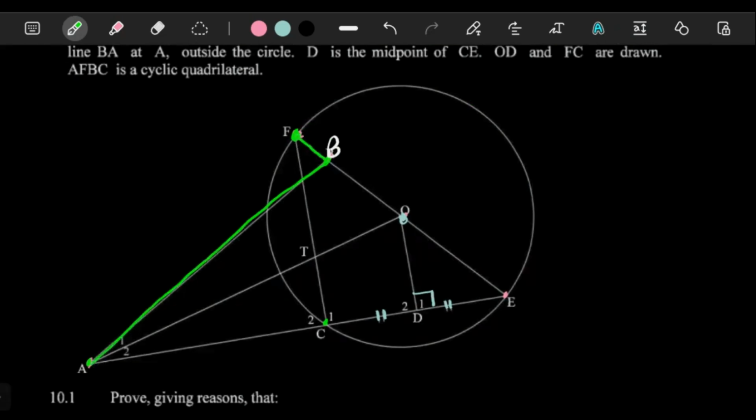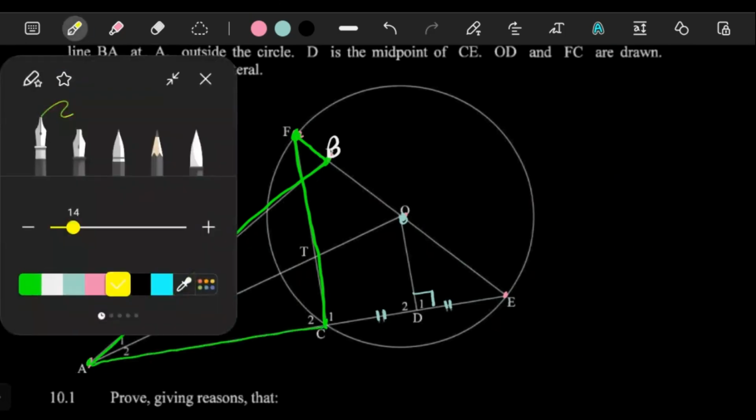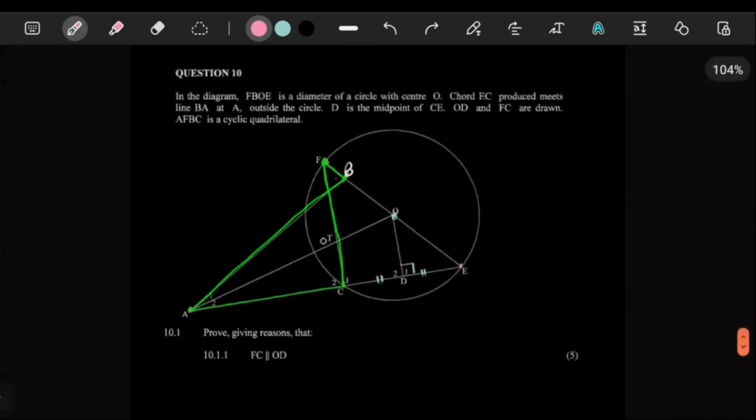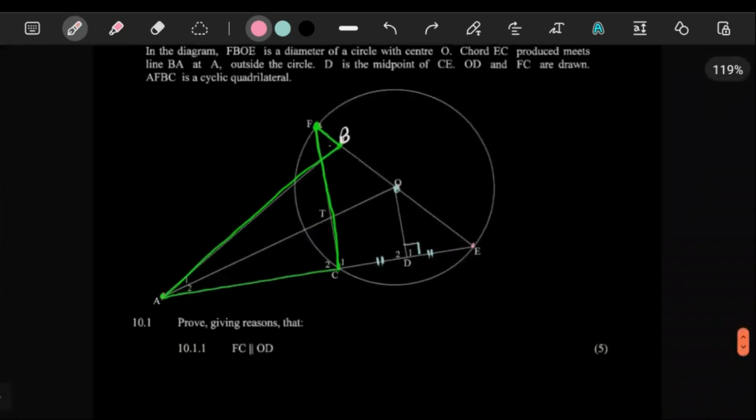So you have angles that are equal to each other because this is a cyclic quad. It's not in a circle, but they told you it's a cyclic quad. As long as they have told you this is a cyclic quad, it means you have angles in the same segment, meaning this angle is equal to that one. And then this angle is equal to that one, because angles in the same segment. So we should not forget that. We might also highlight that because it looks like we will need it.